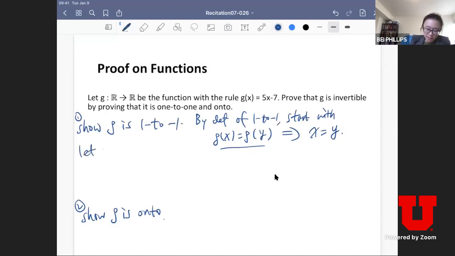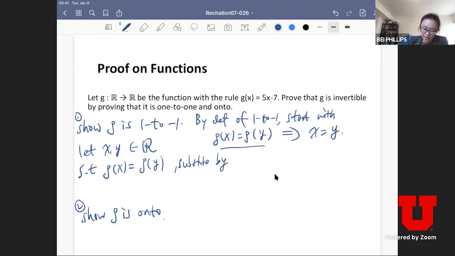I'm going to change your variable from y1, y2 to x, y, but the rest should be the same. So we say let x, y be in the domain such that g of x is equal to g of y. We just substitute by the formula g of x is equal to 5x minus 7. That means g of x is equal to 5x minus 7. g of y is equal to 5y minus 7.